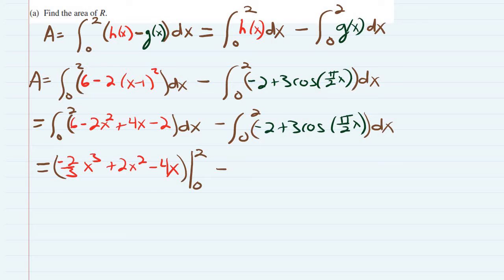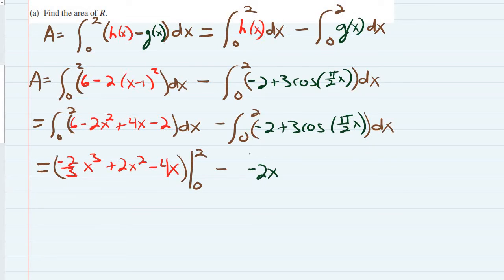Over here, the antiderivative of negative 2 is negative 2x. The antiderivative of cosine of pi over 2 x, well, I have to divide by pi over 2.